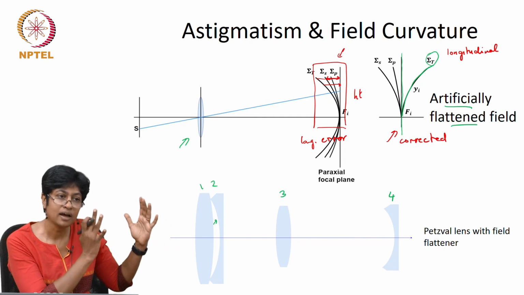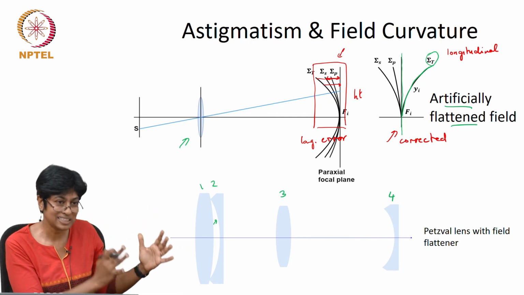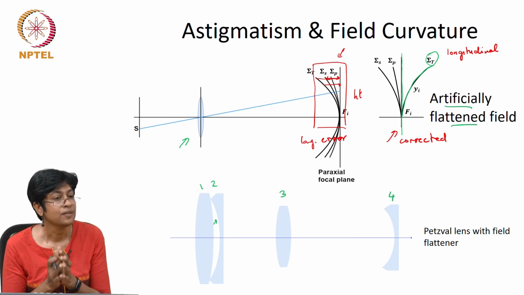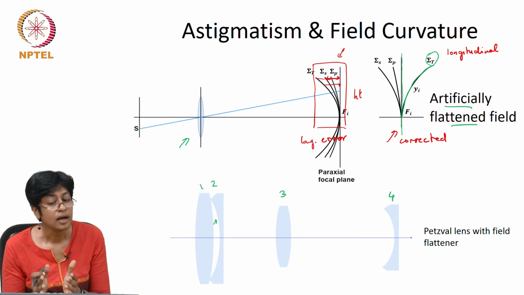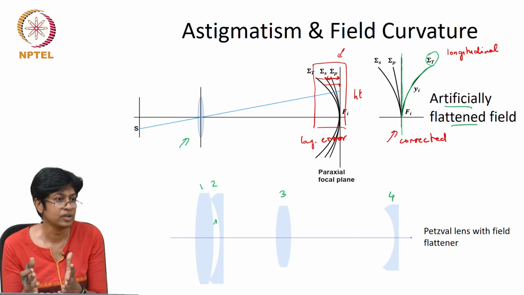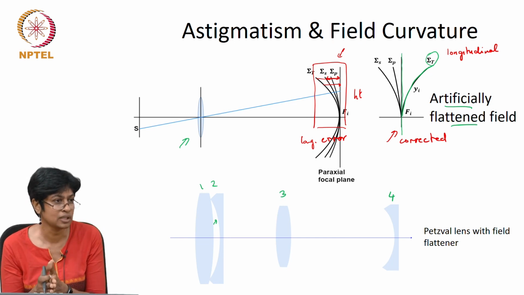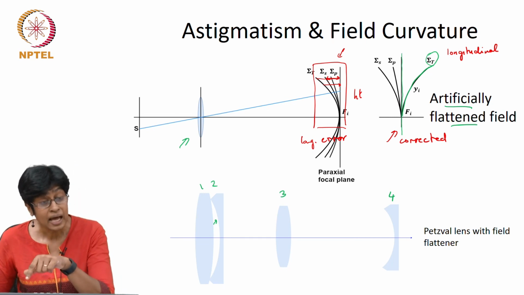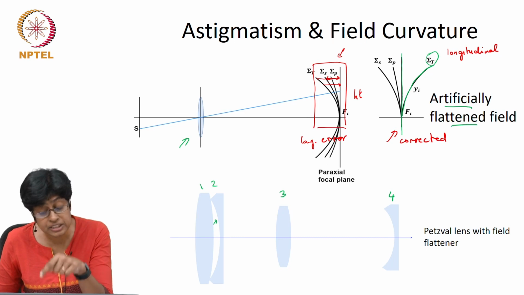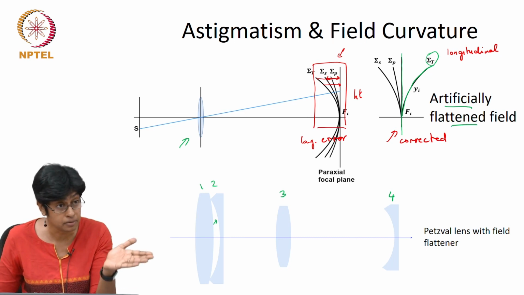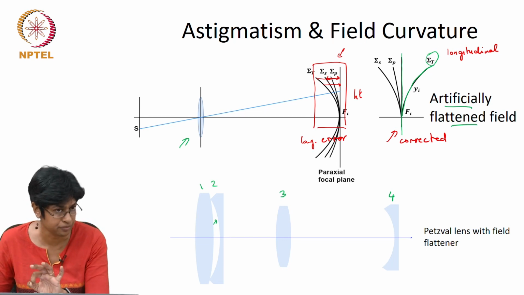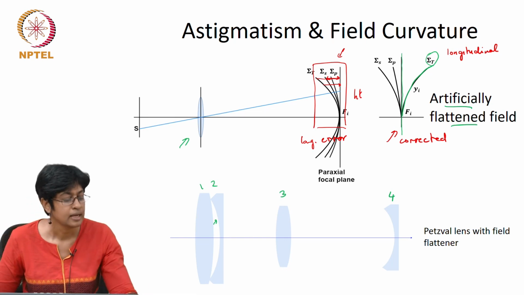They actually deteriorate the image, whereas in field curvature and distortion, there is perfect focus. Although often in field curvature, because I'm using a planar surface, I am losing out on that perfect focus. Okay. However, because there's perfect focus, I can actually do something to my system and change that curved surface to a flat surface and get my perfect focus.